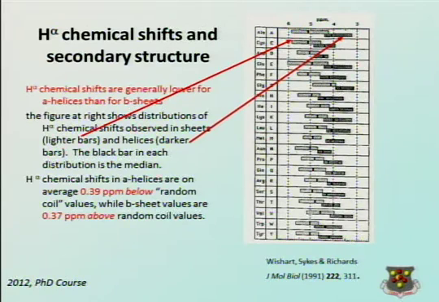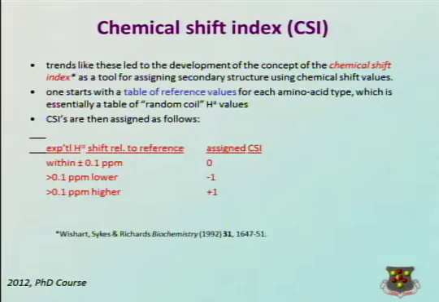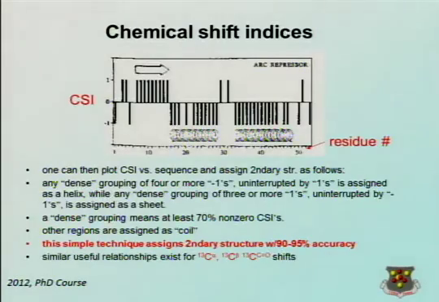And you see here that this effect is actually amino acid dependent. So for some amino acids, you have a more or less significant overlap between the ranges for the different types of secondary structures. So the idea of the chemical shift index is if you have a stretch of residues which all fall in the range of alpha helix or all fall in the range of beta sheet, you can make a plot like this.